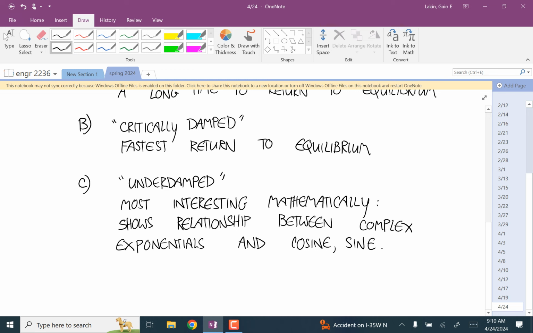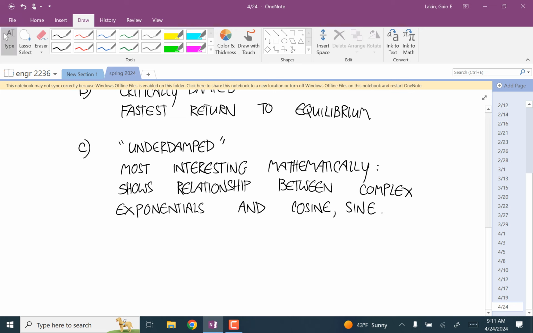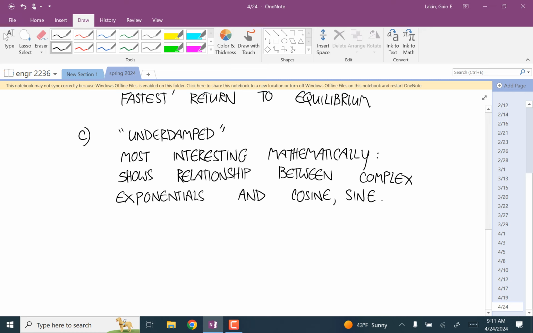Have you ever seen that in a class before? I guess if you've taken differential equations, maybe you've seen this. But it's just the coolest thing in the world, and it always, in some way, involves Euler's formula, which says e to the ib, where b is just some constant, some number, whatever.